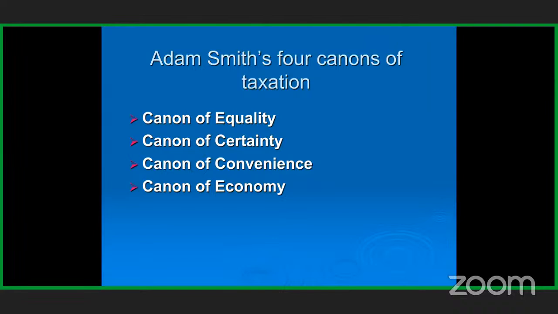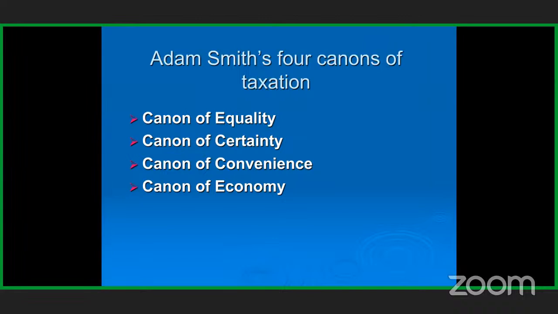For example, when the consumer is purchasing some goods and services, including in the price, they are paying the value-added tax also. GST, they are paying GST 2%, 4%, 8%, 12%, like this. As part of price, they are paying at the time of purchase of goods and services. This is the convenience of taxpayers. It is known as canon of convenience.